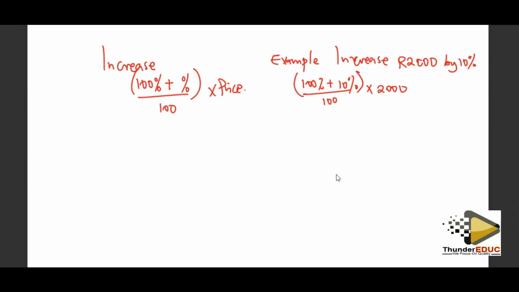Take note of that. Whenever you increase, please use this method. When you add 100 plus 10, you get 110. Over 100, you get 1.1.